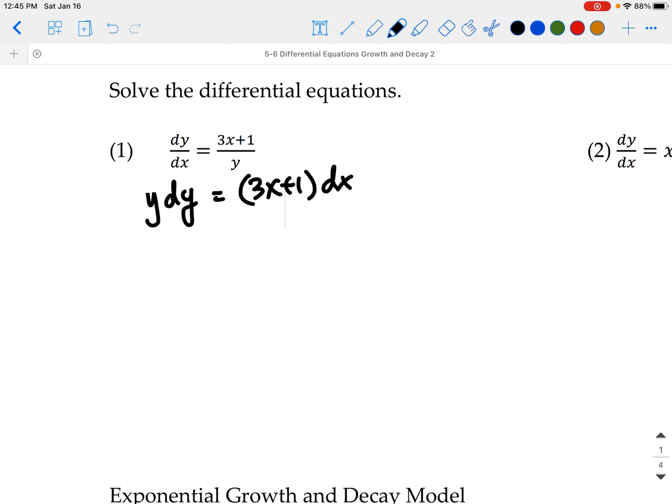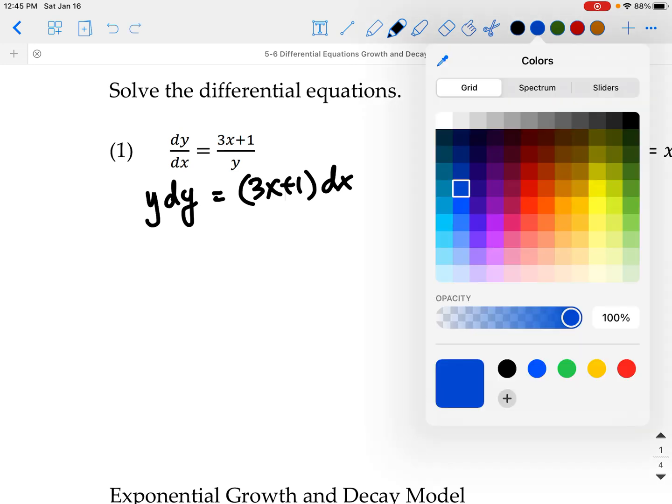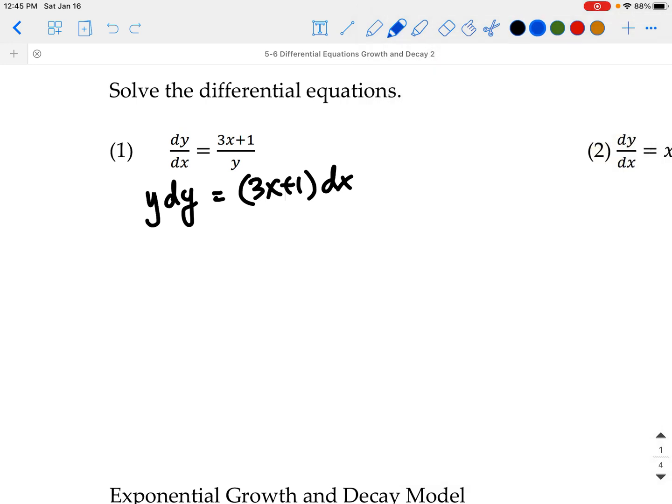Now we've got our variables separated so we can treat each side as an individual expression and then integrate. So we're going to integrate both sides with respect to their given variables. On the left we'll integrate with respect to y, on the right we'll integrate with respect to x. So on the left we'll get 1/2 y squared, and on the right we'll get 3/2 x squared plus x.